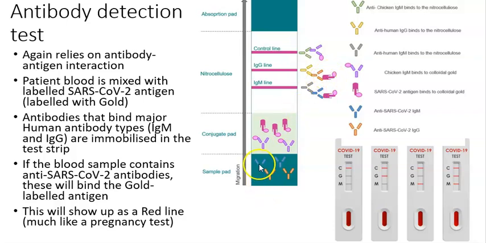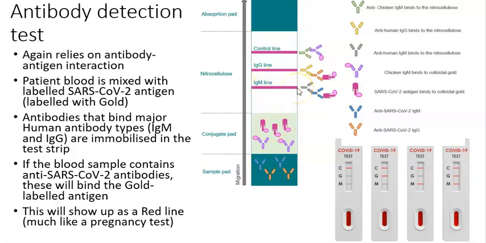Similarly, if you've got IgM in your blood, which is this blue one, that will capture the SARS-CoV-2 protein, and then this complex of this blue one and this one will be captured by this grey antibody, which is an anti-human IgM.